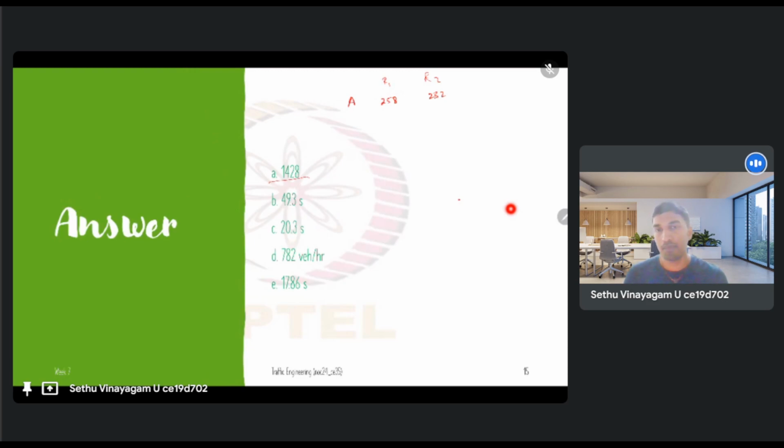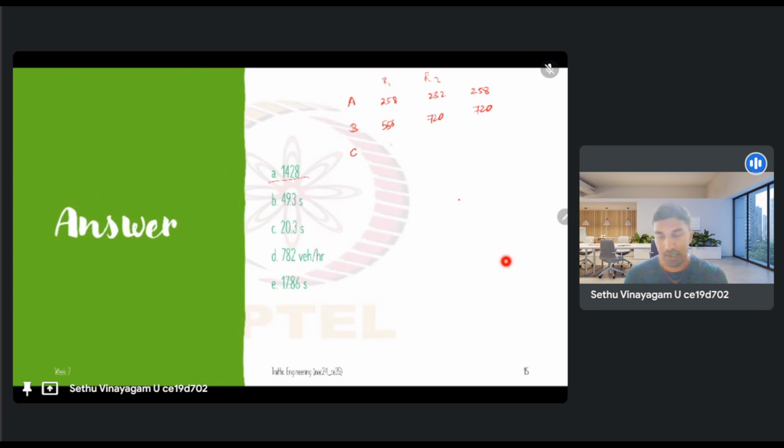The critical lane group will be the one with higher V by C, because we can assume the capacity is constant, so V by C will be higher for the one with higher V. Here the maximum of these two is 258. Then for phase B, again we have two lane groups. The first has 556 and the second has 720. So here 720 is the maximum.